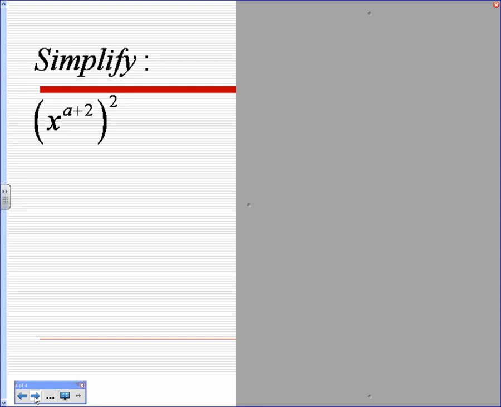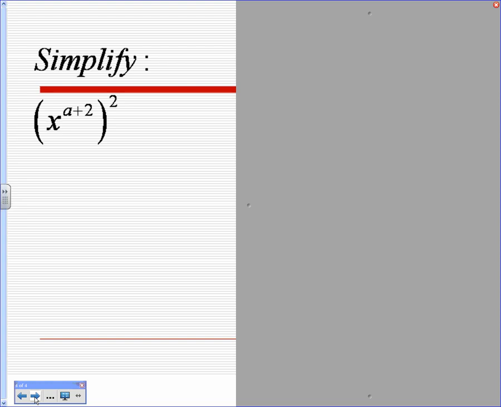See if you can think of what you might do to this. Alright, so what are we doing on this one? Square root.